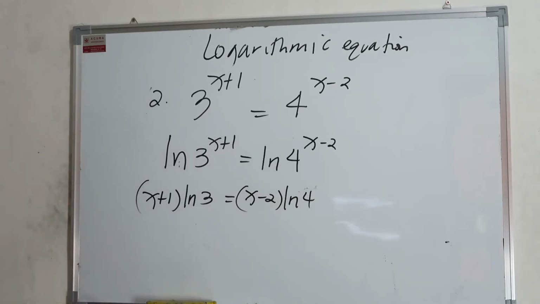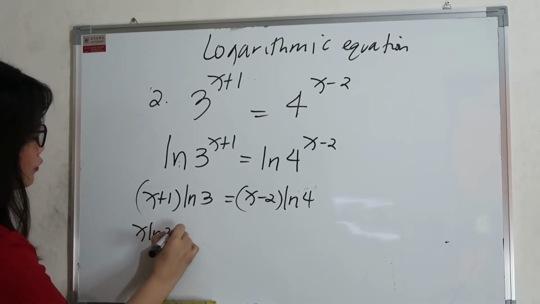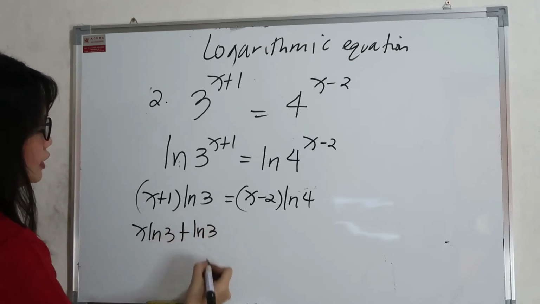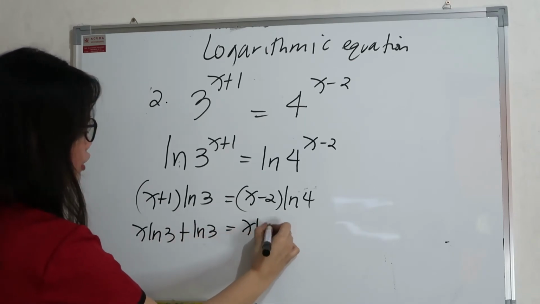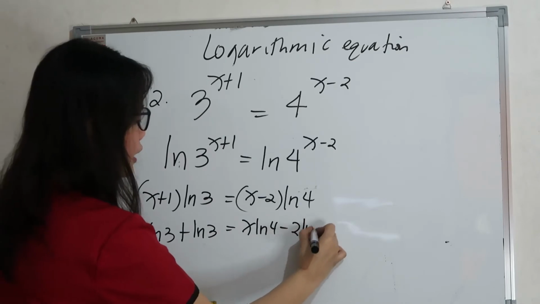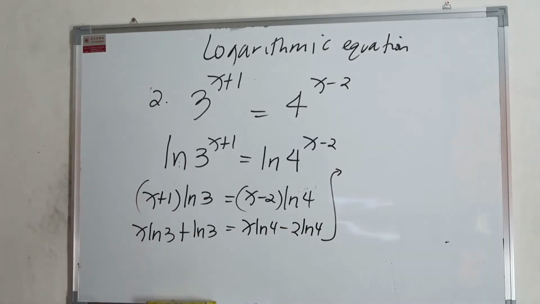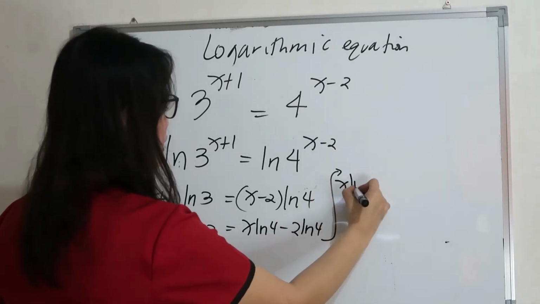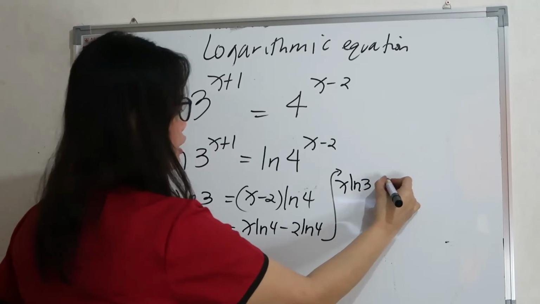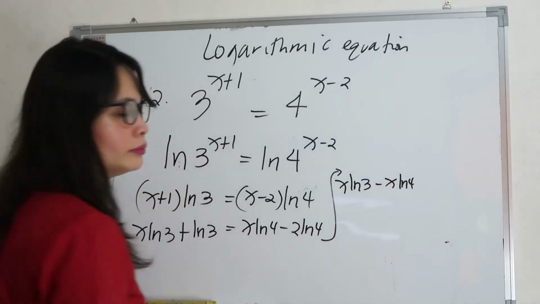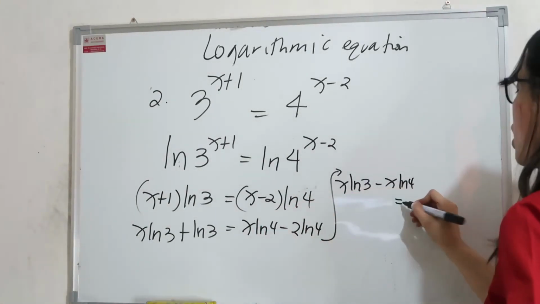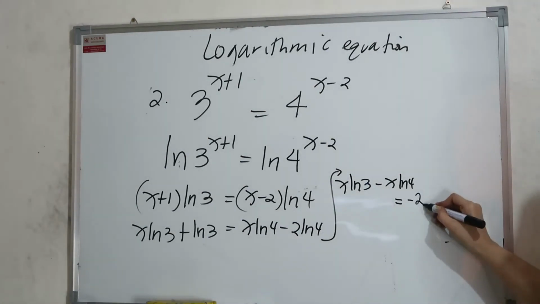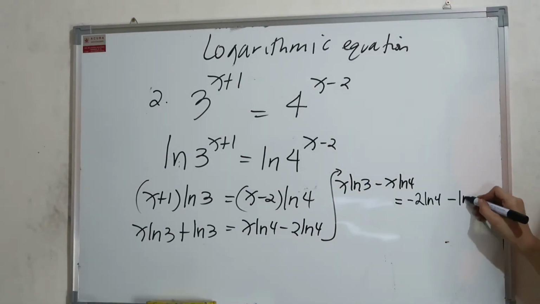Then distribute: x ln of 3 plus ln of 3 is equal to x ln of 4 minus 2 ln of 4. Then combine like terms, so we have x ln of 3 minus x ln of 4 equals negative 2 ln of 4 minus ln of 3.